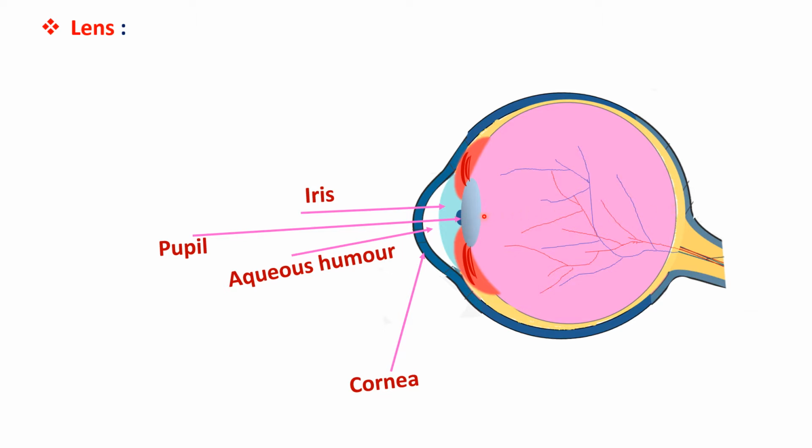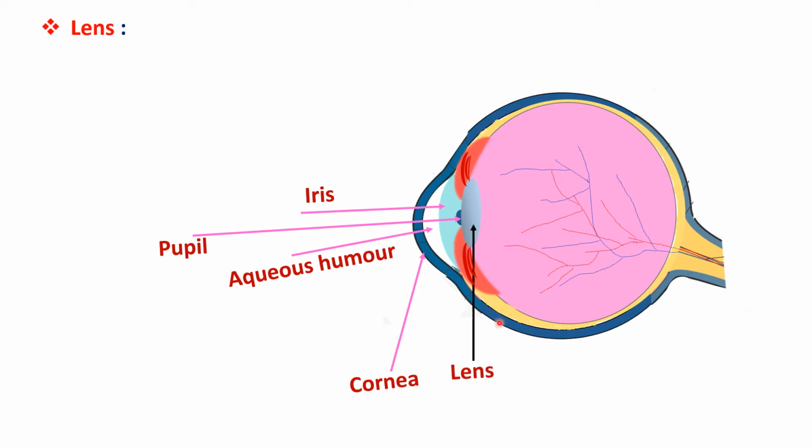That means the eye has to form its image all the time at the fixed distance only. It is possible only by changing its focal length. That's why I told you the eye lens is flexible and its shape can be altered by means of the ciliary muscles. You will learn what ciliary muscles are next.